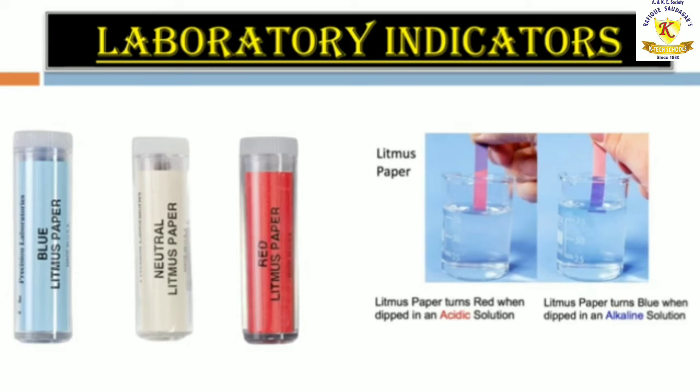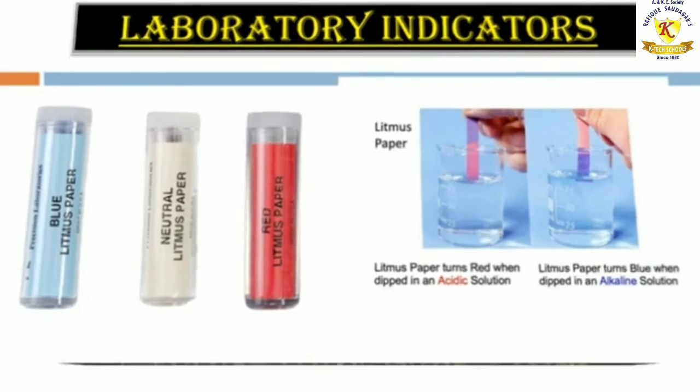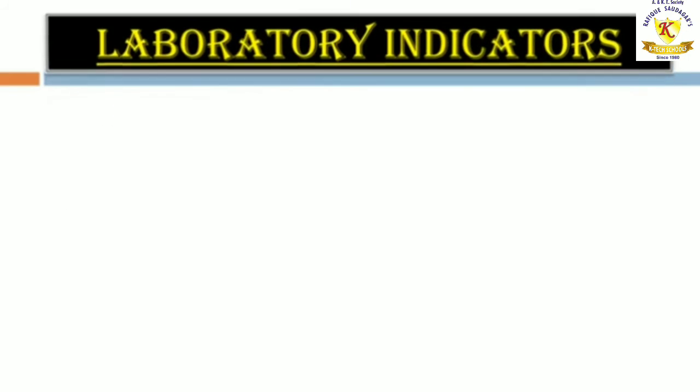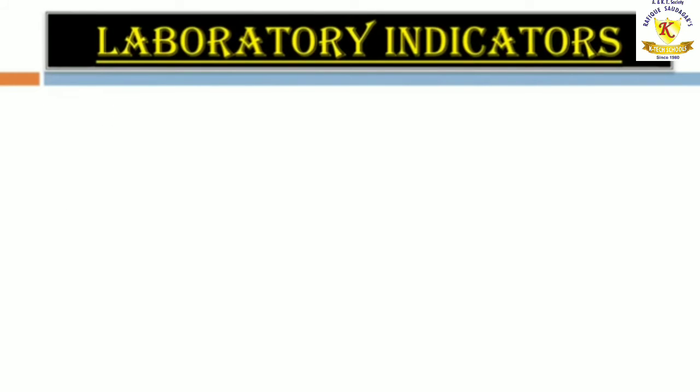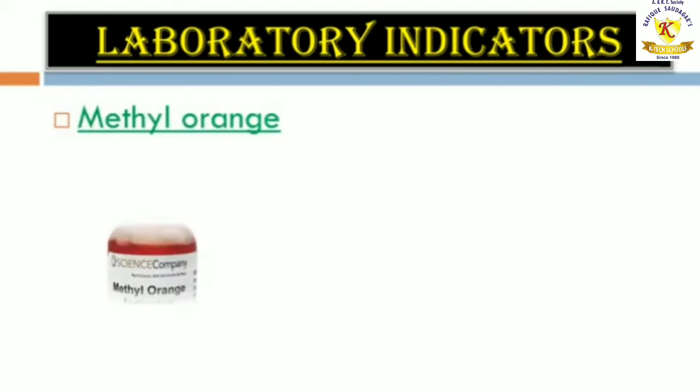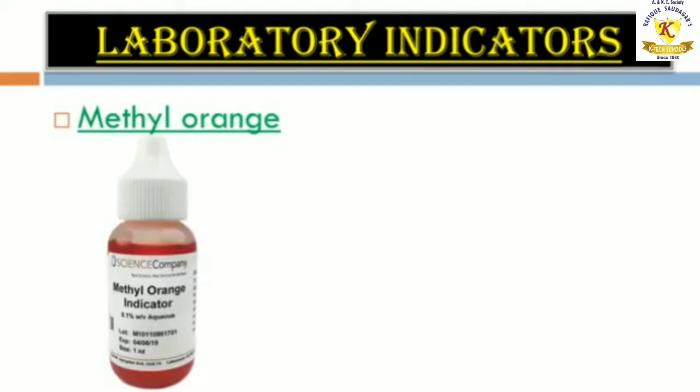When litmus paper turns red, the solution is acid. And when the litmus paper turns blue, the solution is alkaline or basic. Okay children, always remember this: when blue paper turns red, it is acid, and red litmus turns blue, it is alkaline.